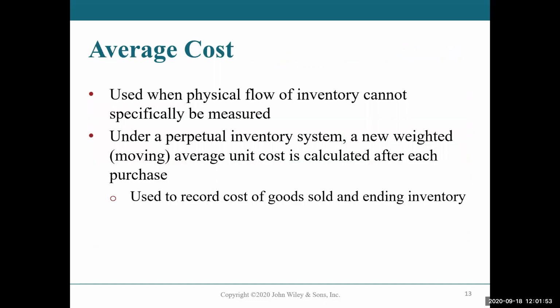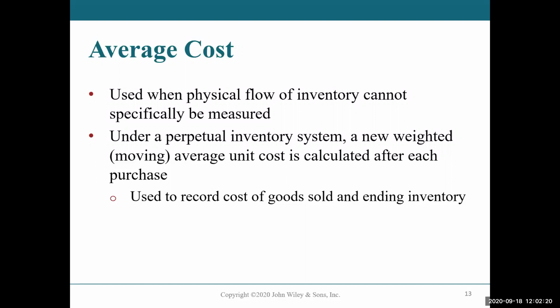Then we have our average cost formula. Just looking at the first in, first out, where we always keep our buckets separate because they are at a different price. Under the average cost formula, the physical flow of inventory cannot be specifically measured. So under the perpetual inventory system, we calculate a new moving average cost every time there is a new purchase.